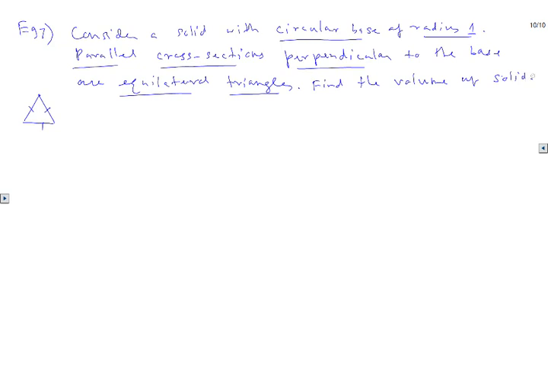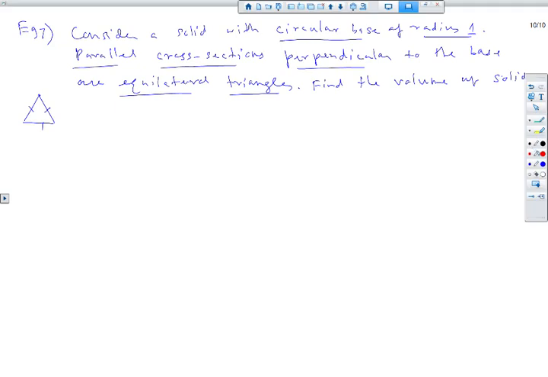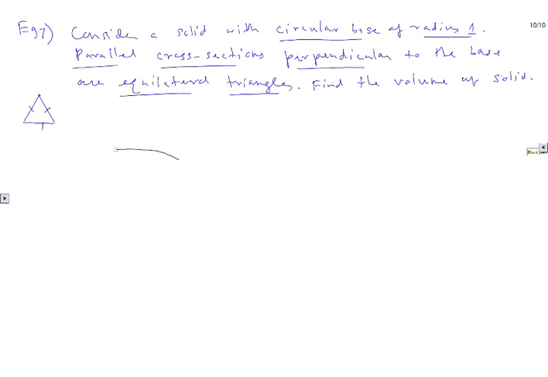Okay, so let's try to understand this situation, what it looks like. We might need several figures here. So what it says: the base is a circle. Now what we can do is cut it. There's a solid, some shape, and we're going to cut this perpendicular to the base. This is the plane, so I'm going to cut through this.